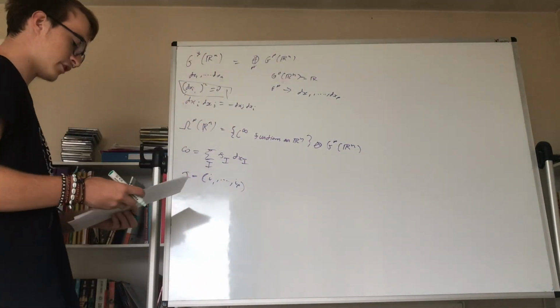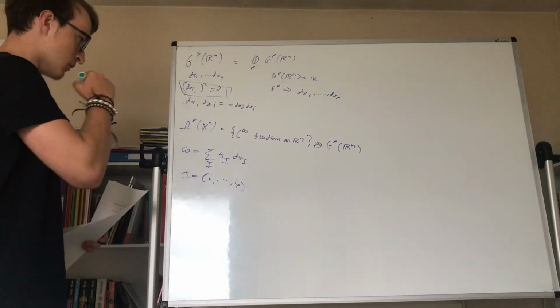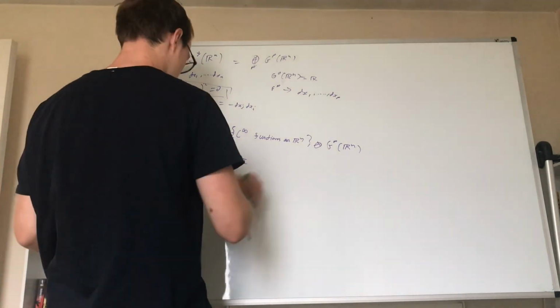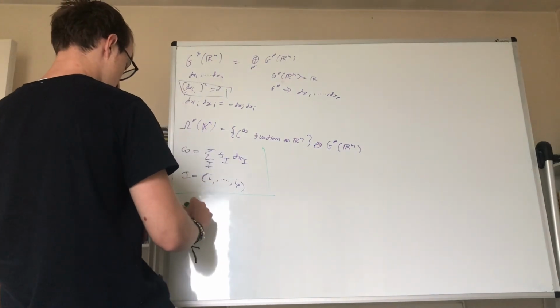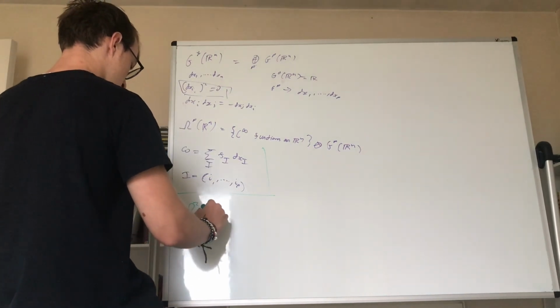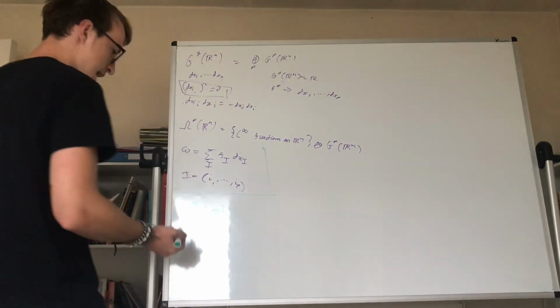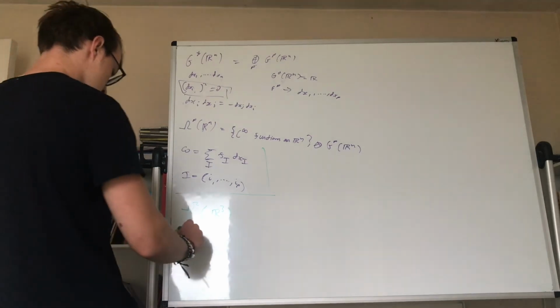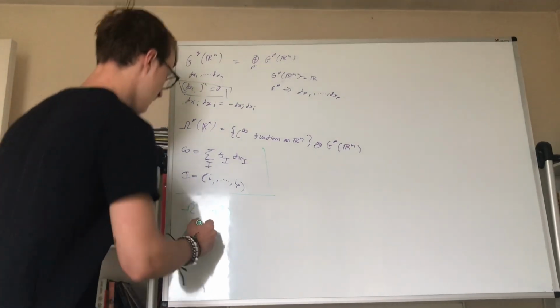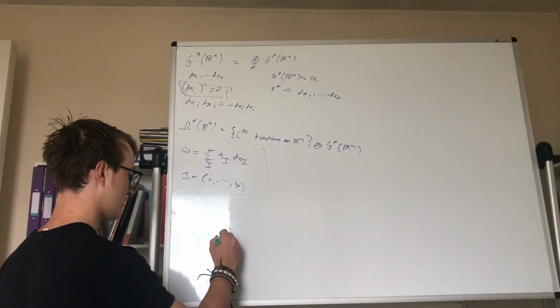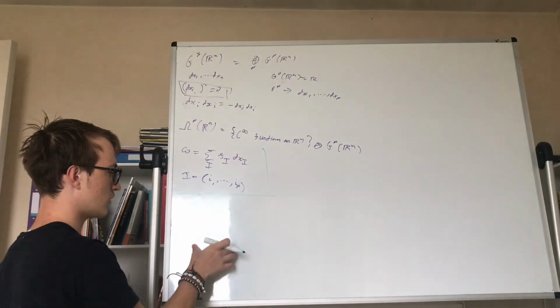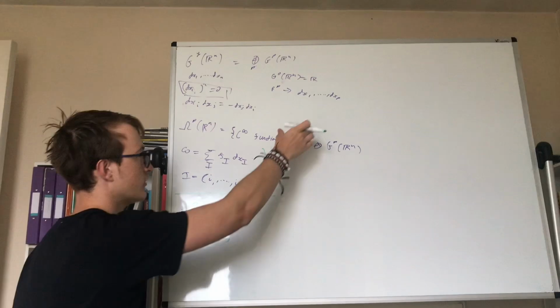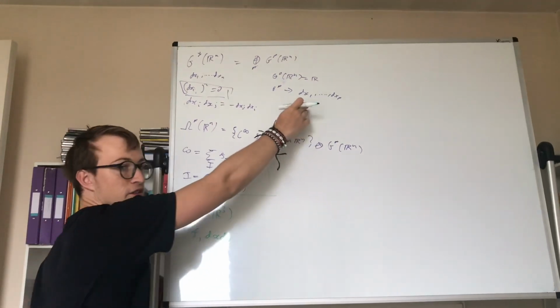So, if we wanted to define a two-form, so an element of omega 2 R3, an element of this would look like f1 dx dy. So here the two-form part means it's got two of these dx's.